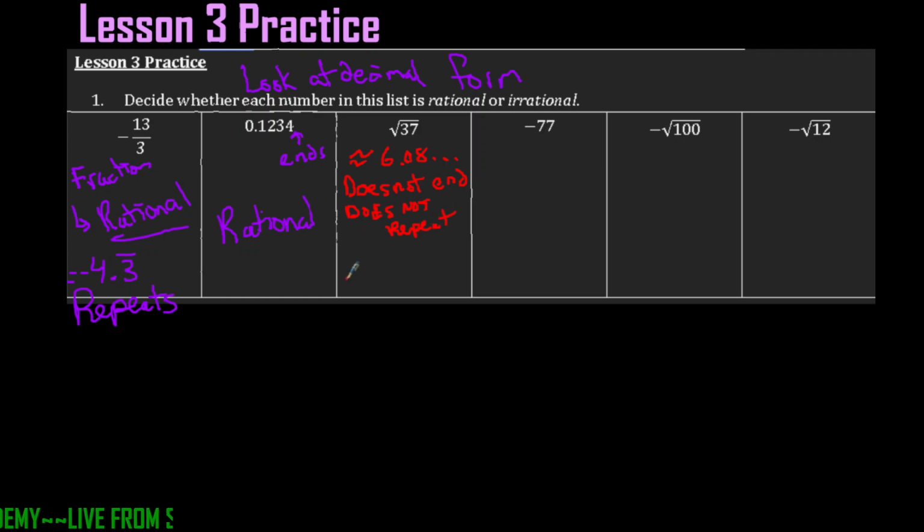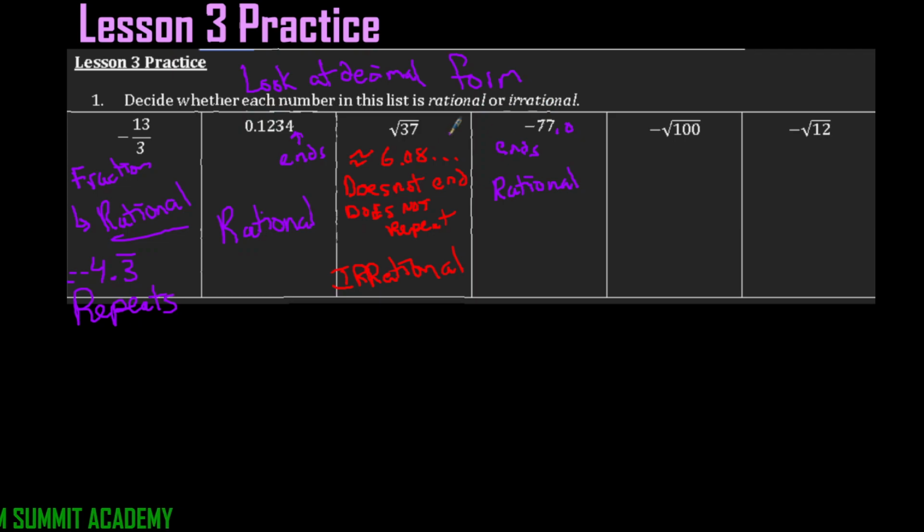So therefore, it is irrational. If I look at the next one, where's the decimal at? Well, it's placed at the end. So if I said this is point 0, well, hey, that ends very simply. So it ends. That means it's rational.